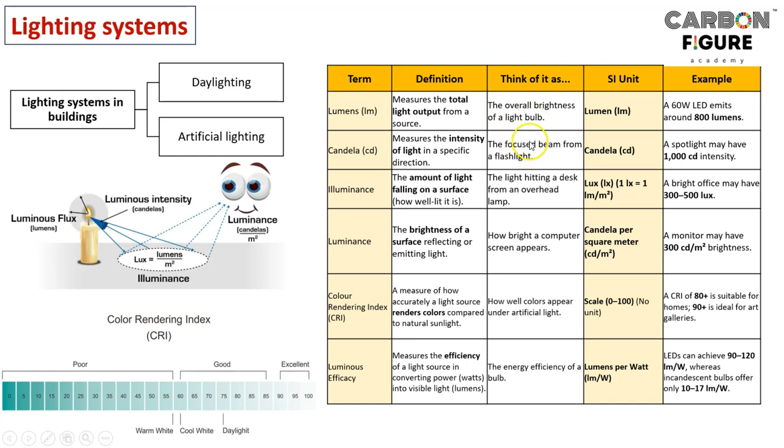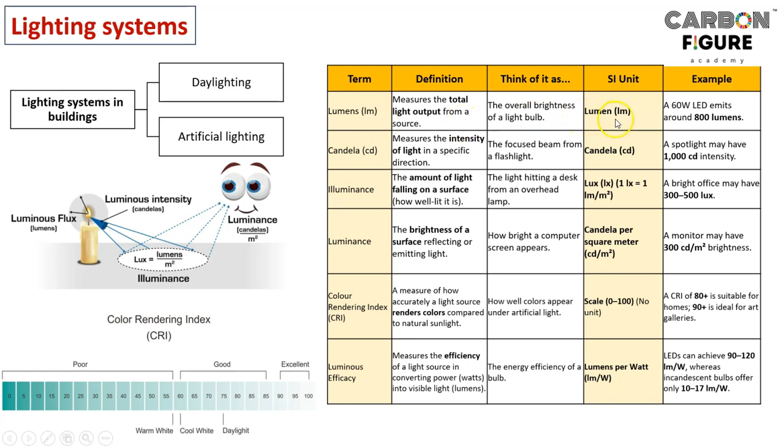So a typical example for understanding how to perceive this definition. Let's skip the third column. You just read it whenever you would like to come back and understand it better. Let's just stick with the definition, SI unit and example.